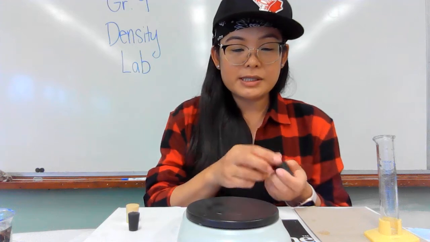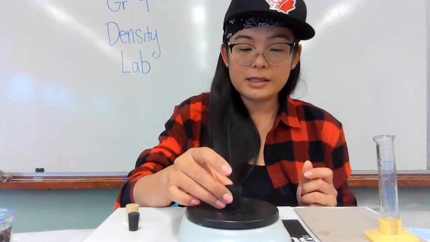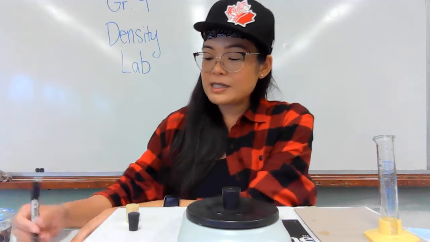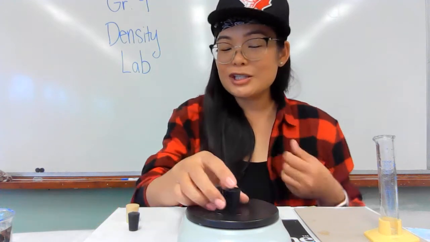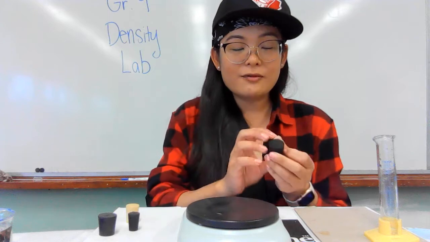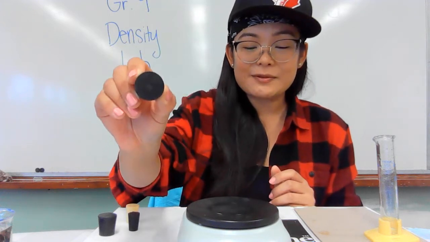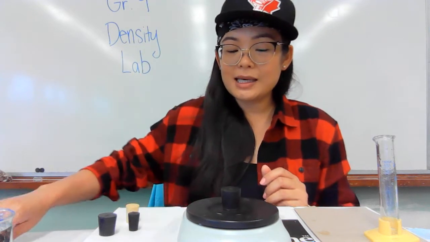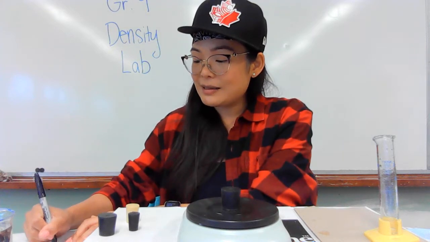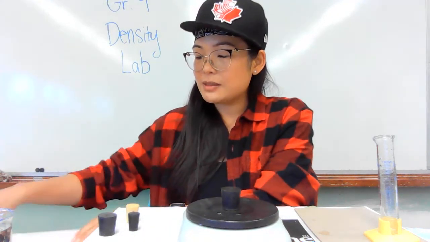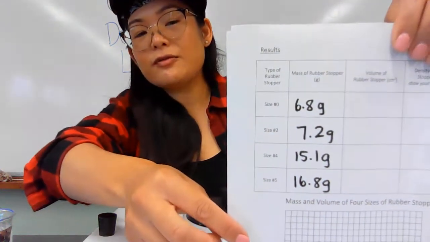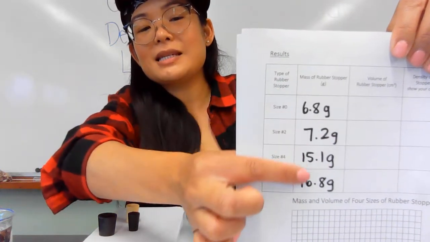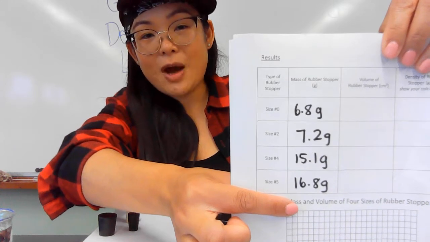For rubber stopper size 4, we've got a mass of 15.1 grams. So go ahead and put that in your chart. And then for rubber stopper size 5, the mass is 16.8 grams. All right, so you should have this filled in so far. So this was the masses of the 4 rubber stoppers.